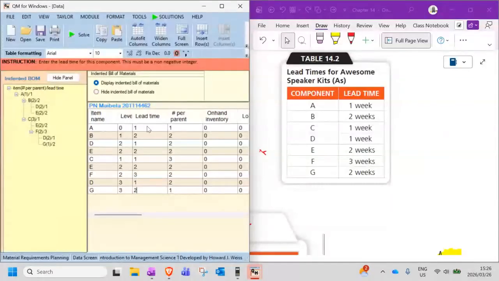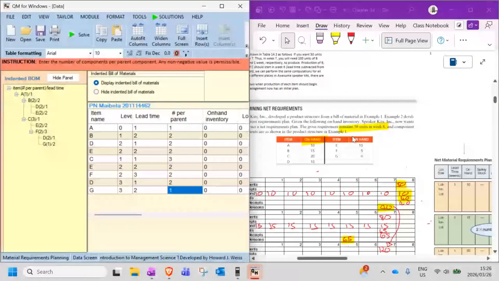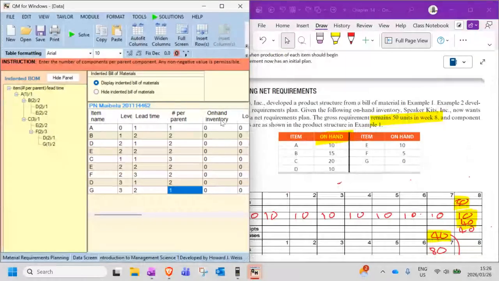Okay, then now we look for on hand. Where is our on hand? There, that's our on hand. Then you capture now. On hand, A is 10, B is 15, C you go to C, is 20.